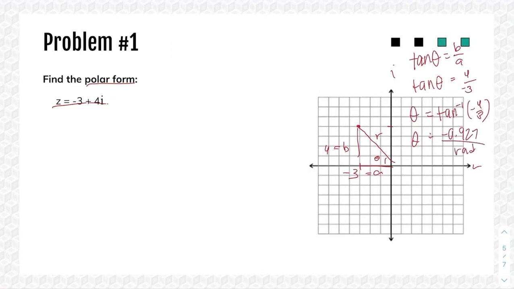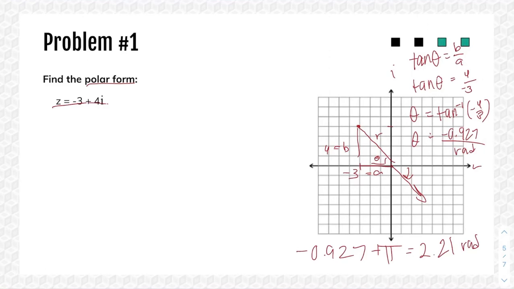Now notice that this is negative. This is negative because it's from the ray that continues the line here. So it's this angle. But we don't want that angle. We want the theta we're looking for. So we have to add the additional step of adding pi to find theta, which gives us 2.21 radians.